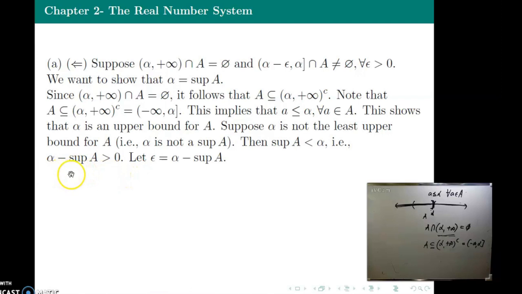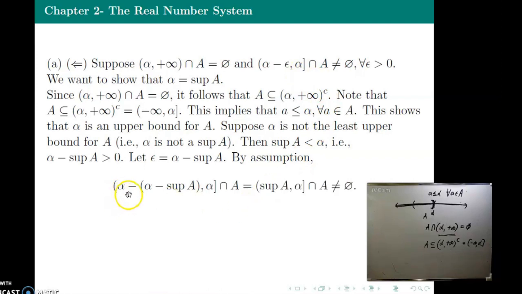So since this is greater than 0, we can let this as our epsilon, which is alpha minus the supremum of A. Then by our assumption, we just substitute epsilon, so we have alpha minus epsilon.